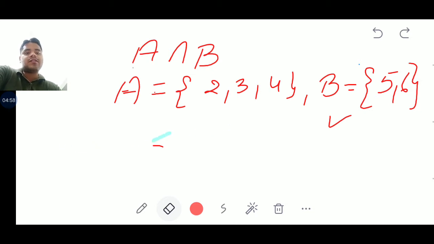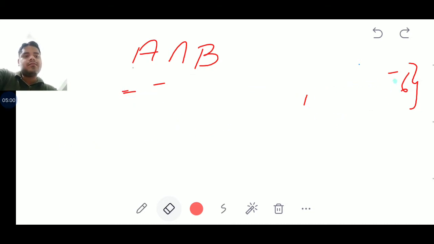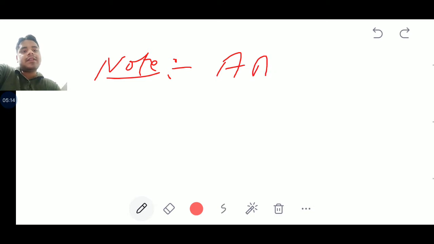Now you have to answer me. These are some results. First, note that A intersection with phi set. What is the value? You tell me.